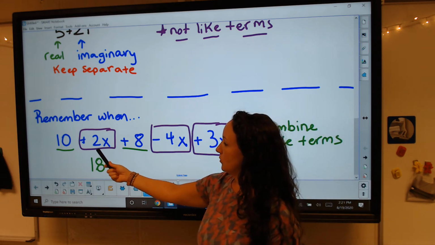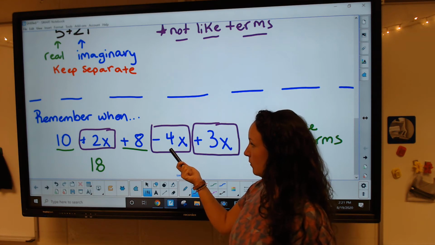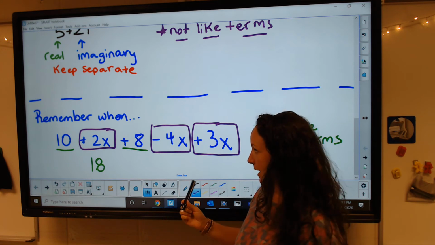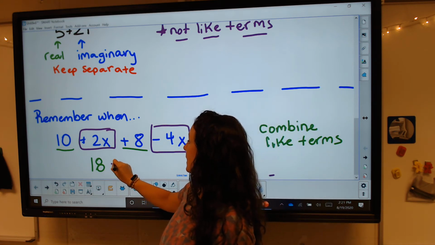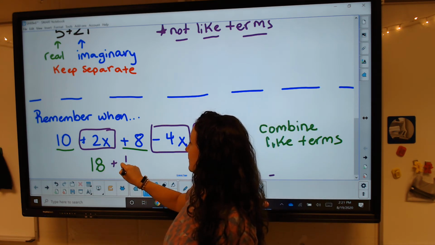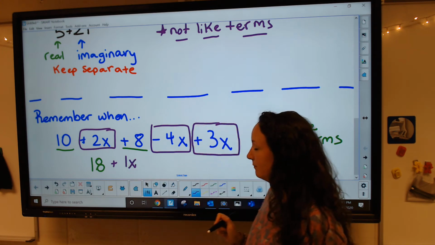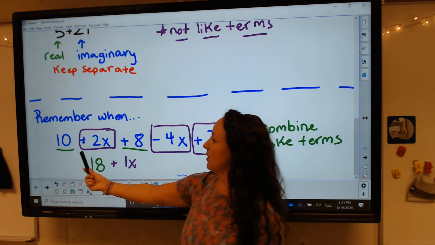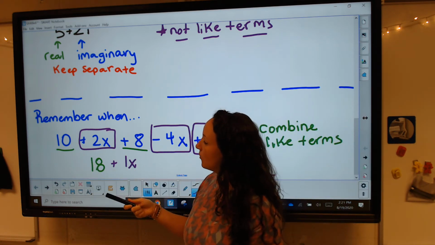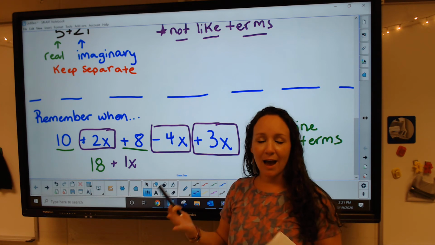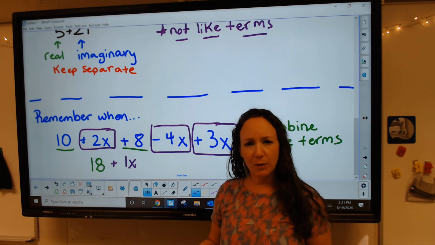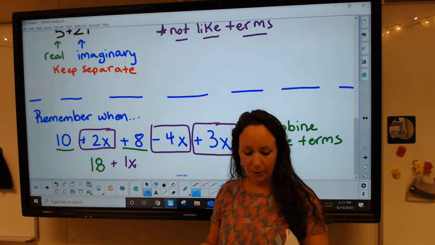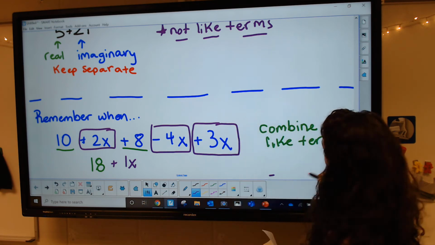So 2 take away 4 would be negative 2, plus 3 would be 1x. So I have 18 plus 1x, or just x, would be fine. So that's how you combine like terms. This would be our real part. And in a moment, instead of x, we're going to have that variable i that we've been working with, and it's going to become a complex number.